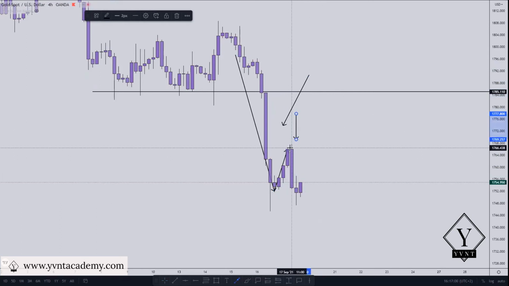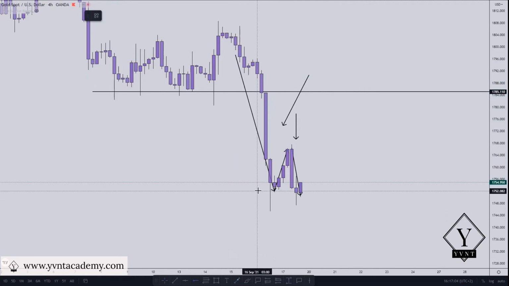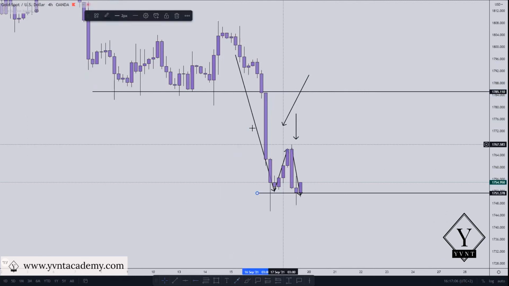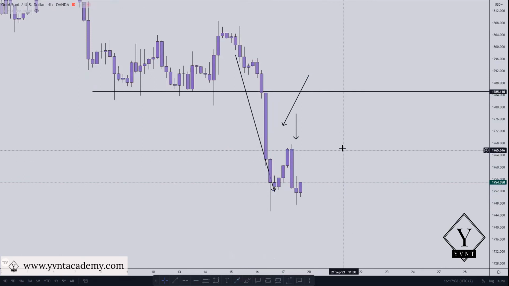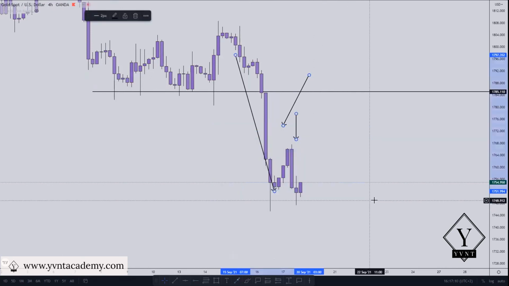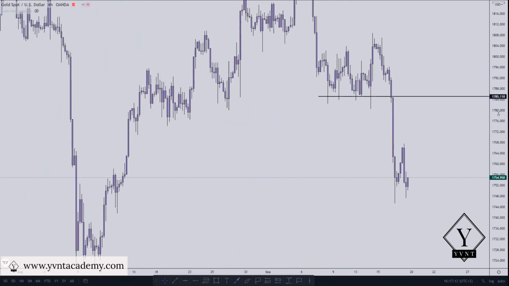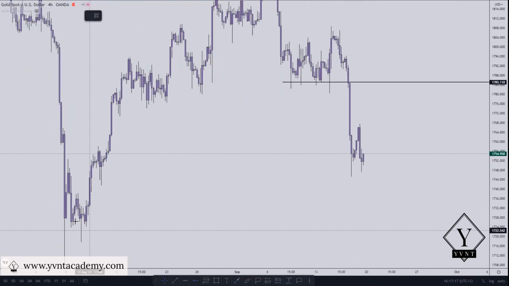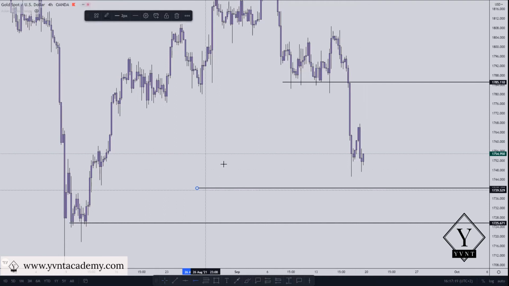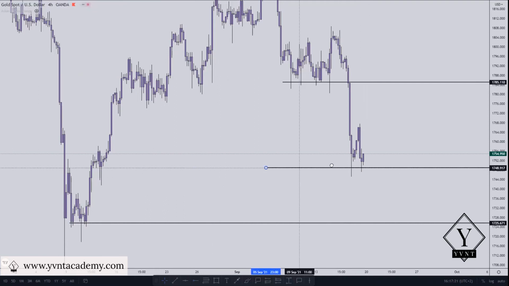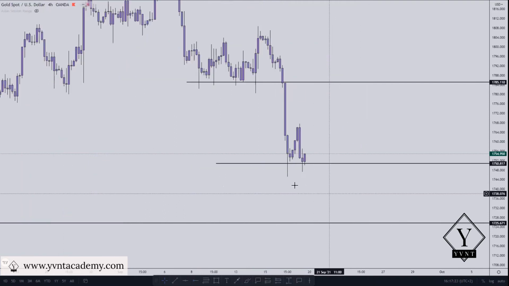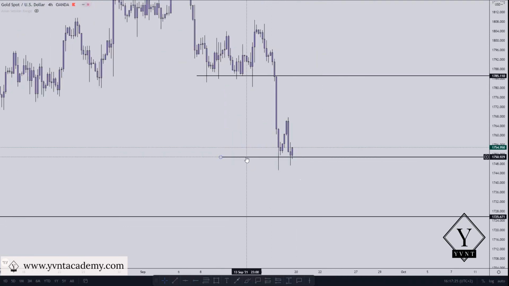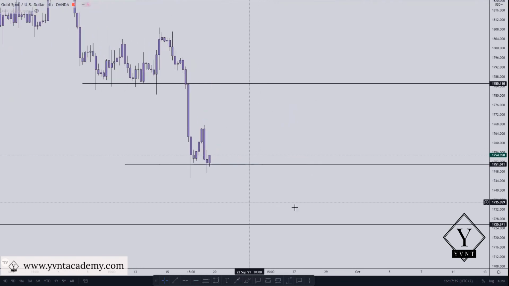Price is currently sitting at the support here. Let's not ignore the fact that price is currently sitting at these areas. Let me look to the left and see. Price is bearish, and now we're sitting at these areas here.